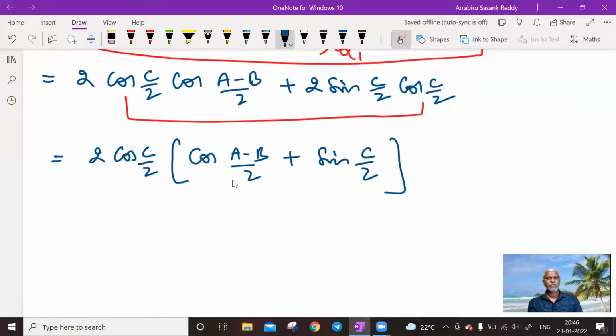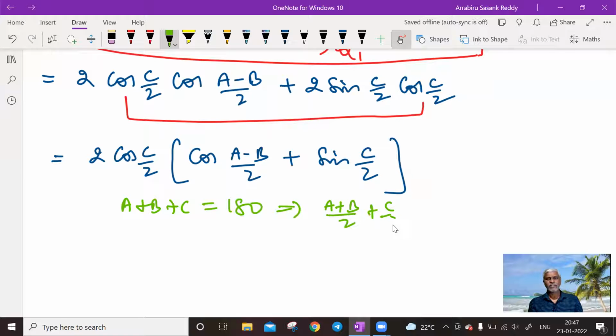Now A plus B plus C is 180, and A by 2 plus B by 2 plus C by 2 is 90 degrees, dividing A plus B plus C by 2. So C by 2 is equal to 90 minus A plus B by 2.